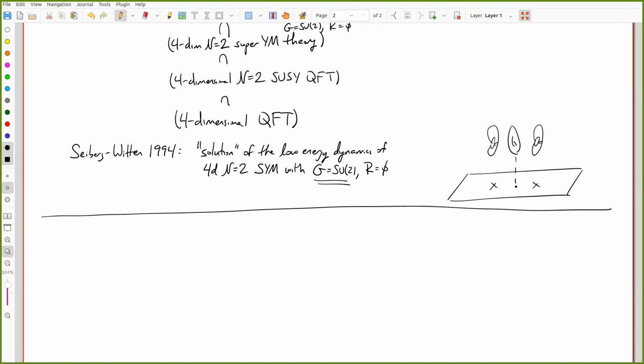But in short, yes, by solution what I mean is writing down the effective field theory that describes this quantum field theory at low energies. Okay, thanks. I might as well say it since you asked. So they wrote down the effective field theory at low energies.